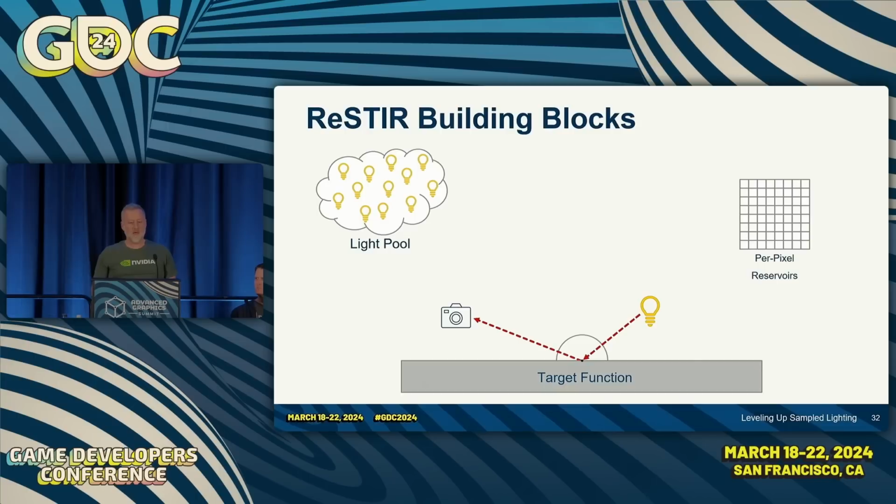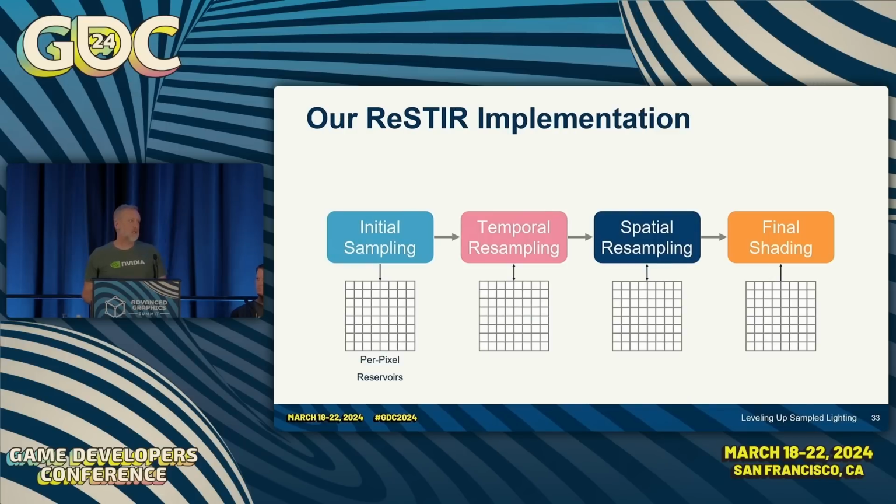And finally, we're going to do this per pixel reservoir grid that we use for storing where our samples are with their current weight. So these are the weighted reservoir sampling buffer, basically. Now, we're going to have in our implementation a few different stages that Adam referred to: the initial sampling, temporal resampling, spatial resampling, final shading. And for these stages, we're going to read and/or write from the reservoir set and update it and reuse samples.